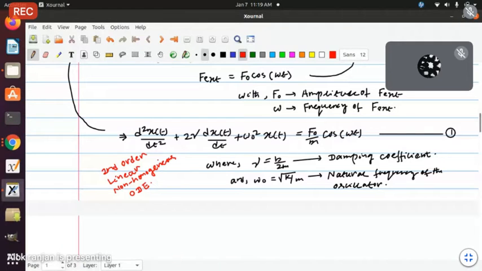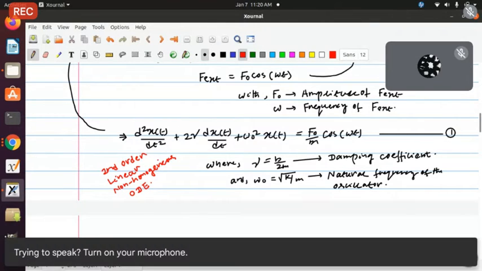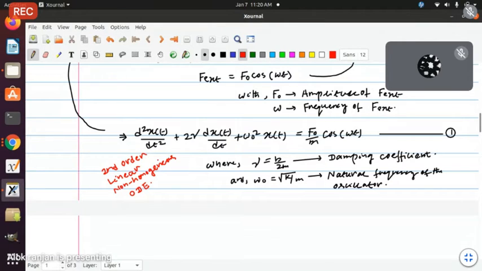Whatever differential equations we have shown for the simple harmonic oscillator or damped harmonic oscillator, they are linear, and they are homogeneous. Do remember the right hand side term: there is no independent term, no x of t here, so it is some other term. Let me write it down. You can also ask your math teacher, those who do not know.